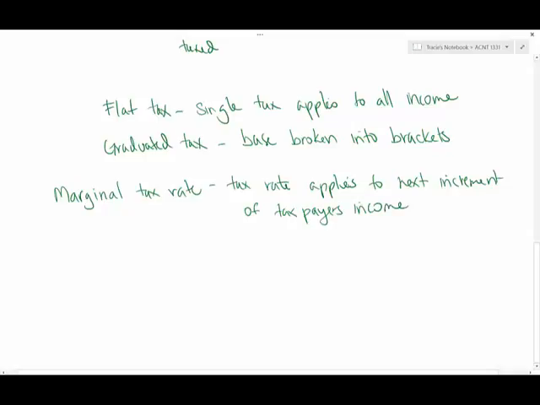So essentially, the marginal tax rate is important to understand because this is the tax rate that's going to help us in our planning purposes. This is the tax rate that we look at that says, okay, if you earn $10,000 more, what is that additional $10,000 going to be taxed at? Is it going to be taxed at a higher rate than the tax that we're taxing it at now?